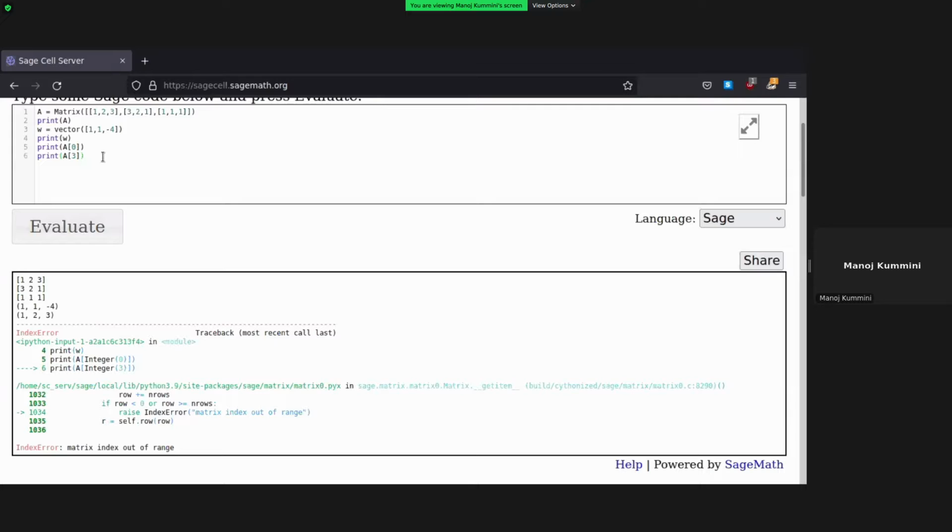So I don't know how much Python you have learned. It's only 2-3 weeks. But I suppose as the semester progresses, if you keep using Sage along with it, you'll be able to make more sense of what these errors mean. Okay, so the other thing: print.